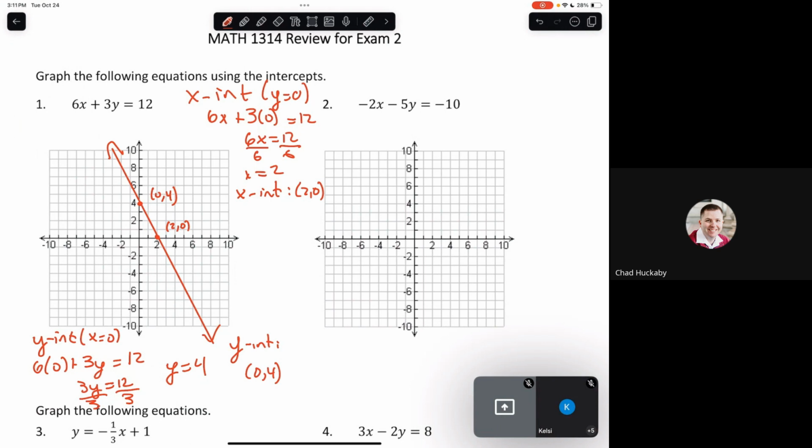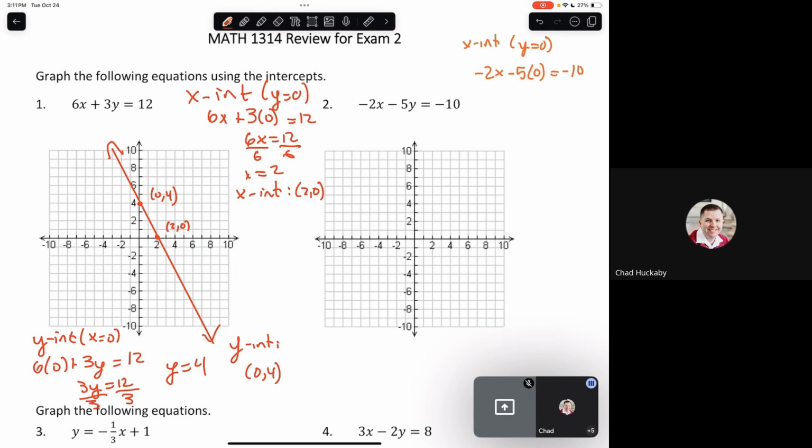Okay, let's do number 2. Same story, different verse. We want to find the x and y intercepts to graph this equation. So for the x-intercept, remember that y is equal to 0. So in the equation, we do negative 2x minus 5 times 0 is equal to negative 10.